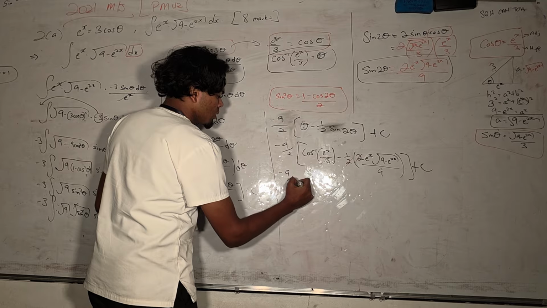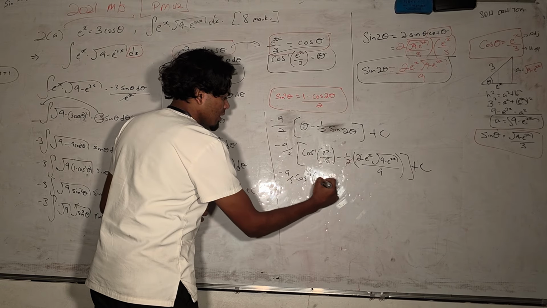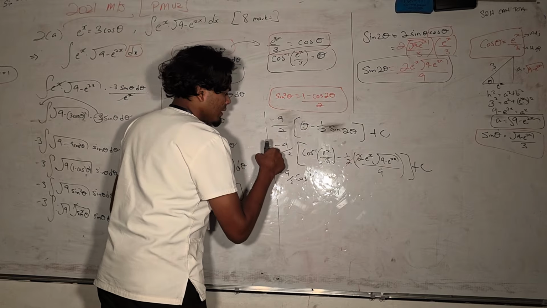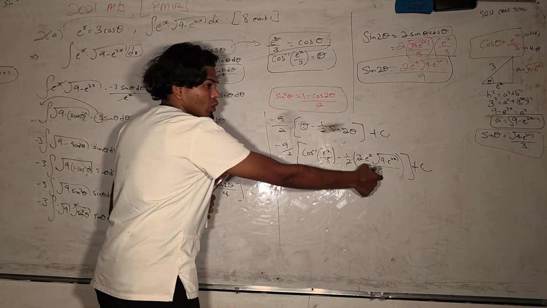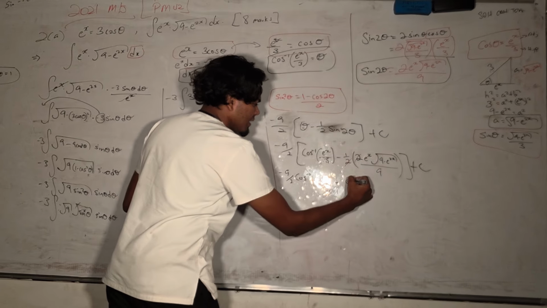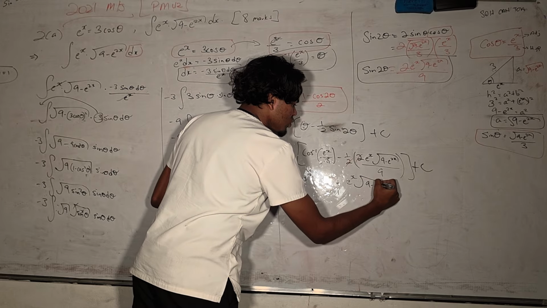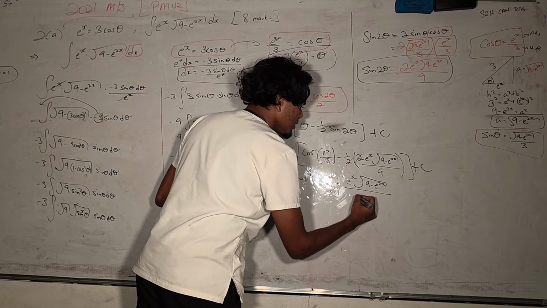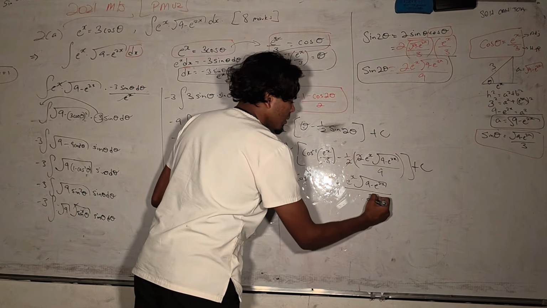So you get negative 9 upon 2 cos inverse of e to the x upon 3. Negative times negative gives what? Positive. This 9 and that 9 will cancel out. So we get e to the x, the root of 9 minus e to the 2x, all upon... if this and this cancel out, we'll have 2 at the bottom.